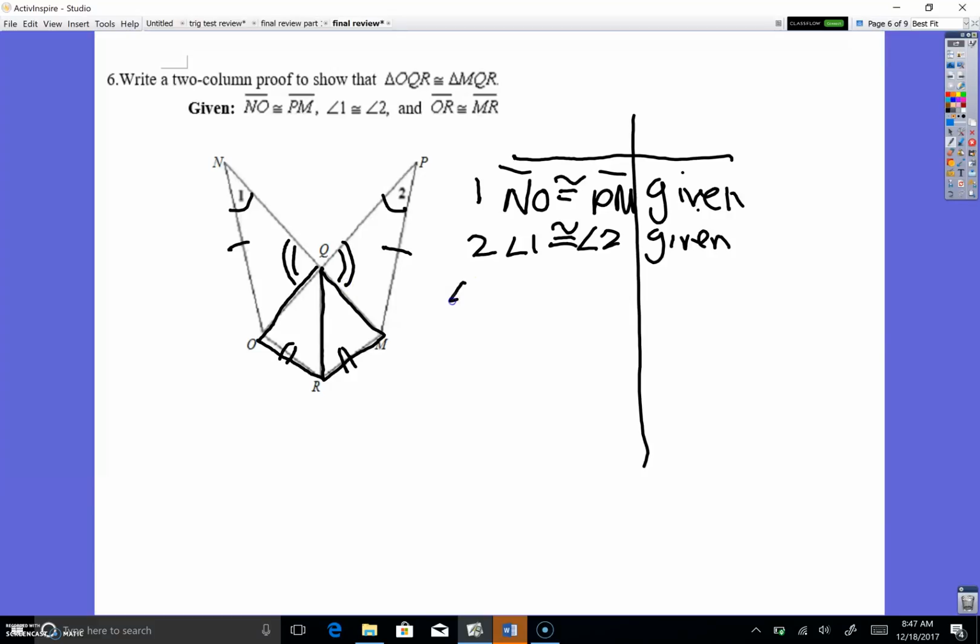So angle NQO is congruent to PQM, and that is the reflexive property.